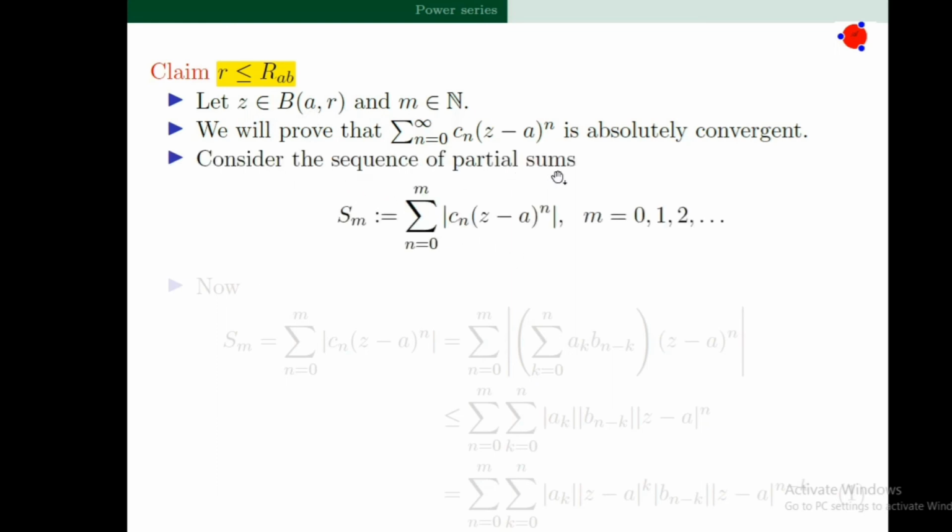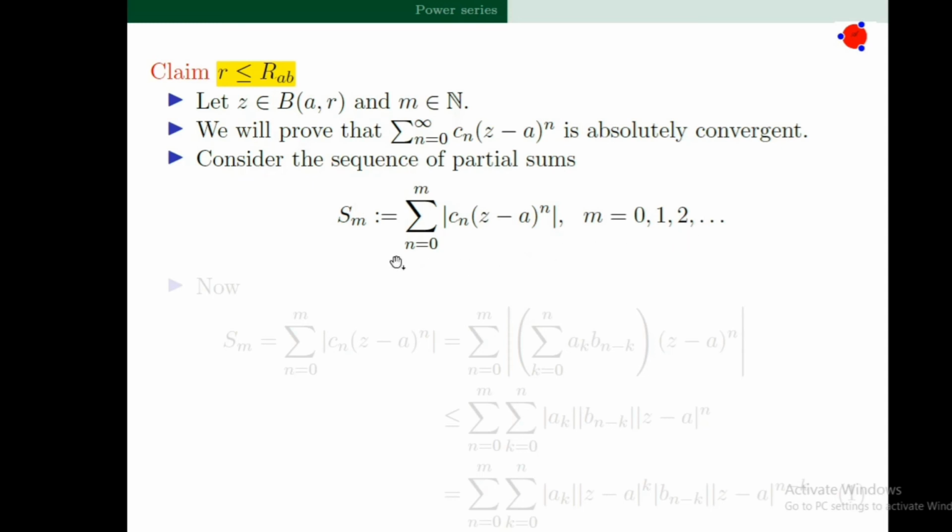So now consider the sequence of partial sums of the series sigma n equal to 0 to infinity mod Cn into (z minus a) the whole raised to n. So Sm is summation n equal to 0 to m mod Cn into (z minus a) the whole raised to n, m equal to 0, 1, 2, 3, etc. And these are the sequence of partial sums of the series sigma mod Cn into (z minus a) the whole raised to n.